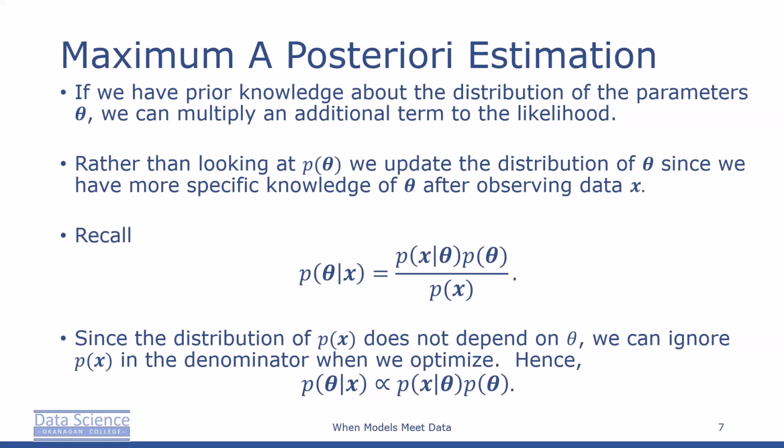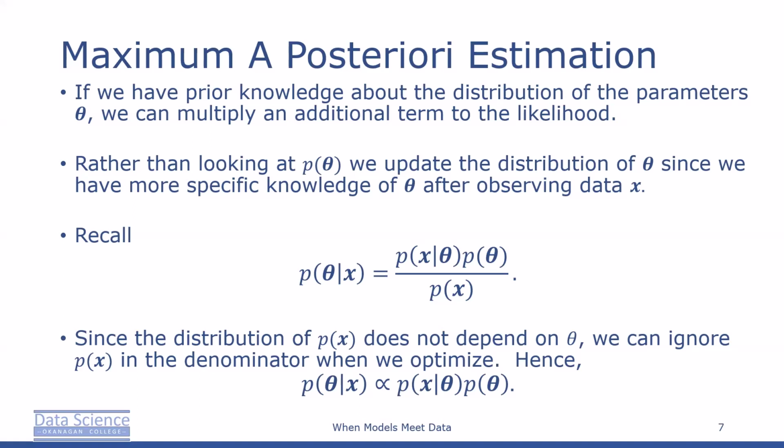It allows us to compute a posterior distribution p of theta given x on the parameters theta from general prior statements p of theta and the function p of x given theta that links the parameters theta and the observed data x.